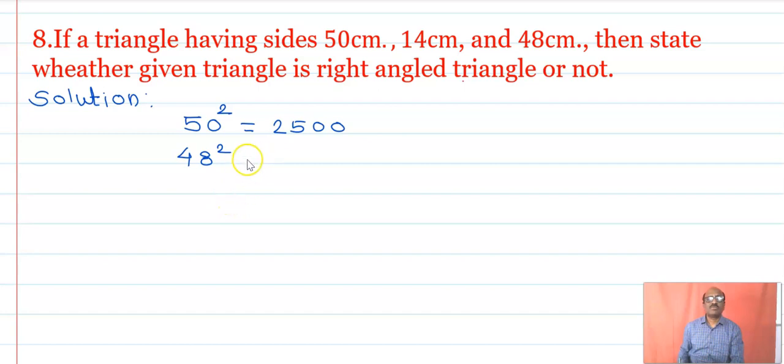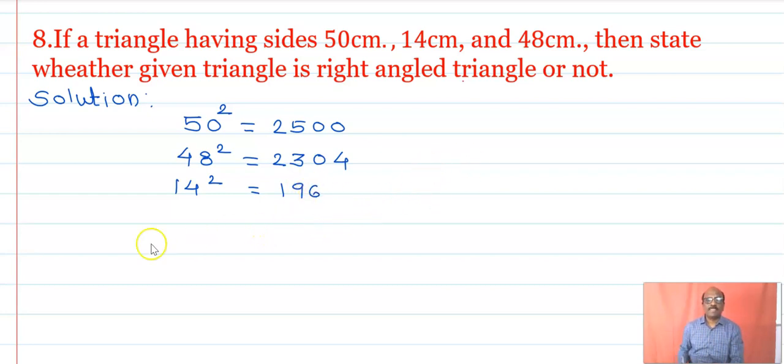48 square is equal to 2304. And 14 square is equal to 196.